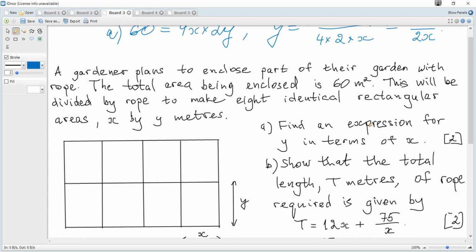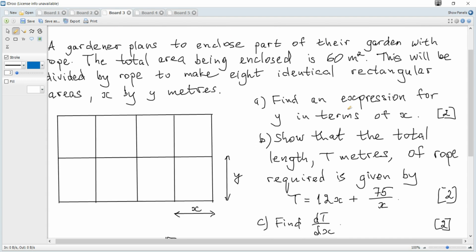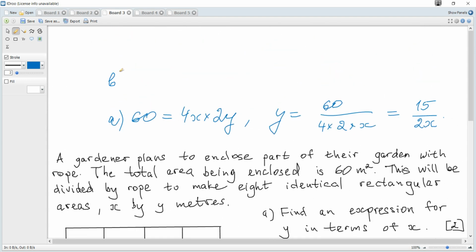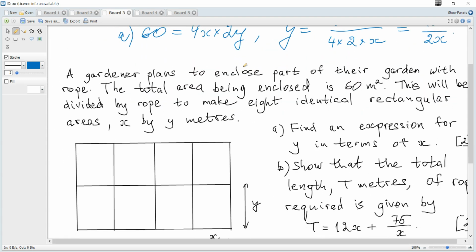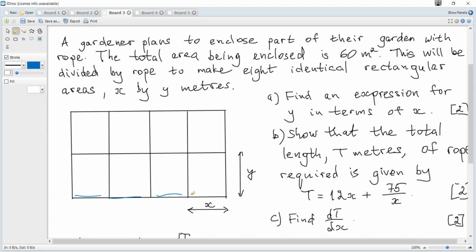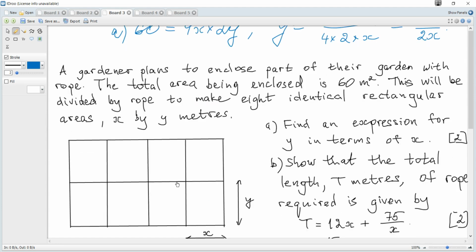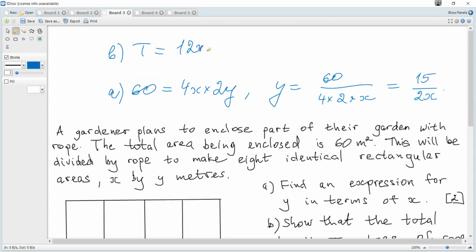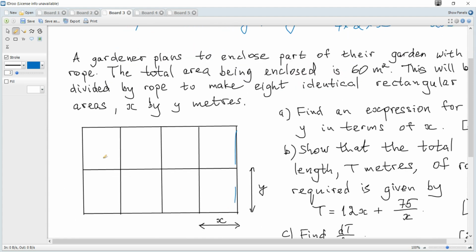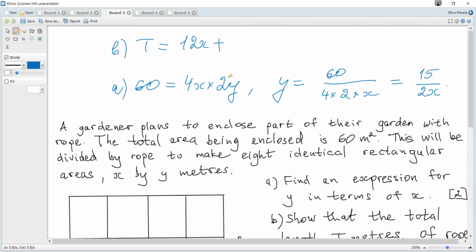The next question, B, shows that the total length t meters of rope required is given by... So the total length required, you can see that it's 4x times 3, which is 12x, plus 2y times 1, 2, 3, 4, 5, so plus 10y.